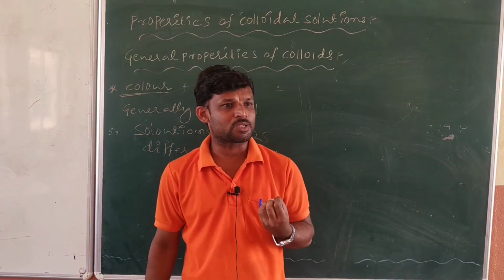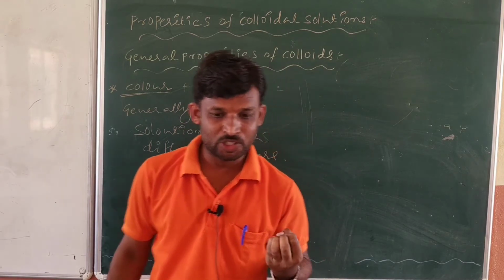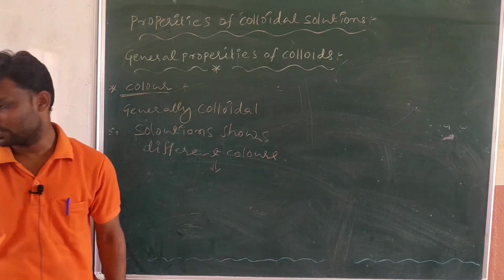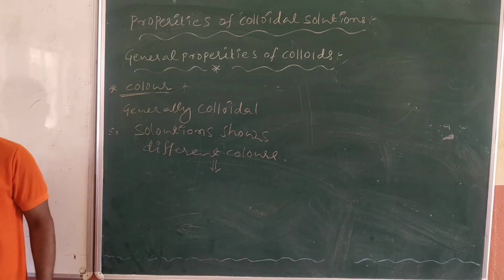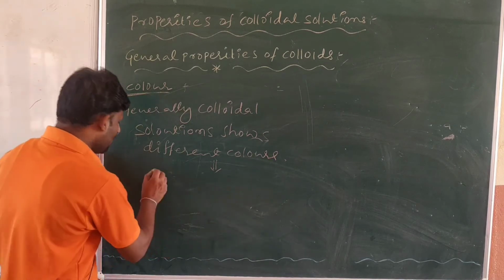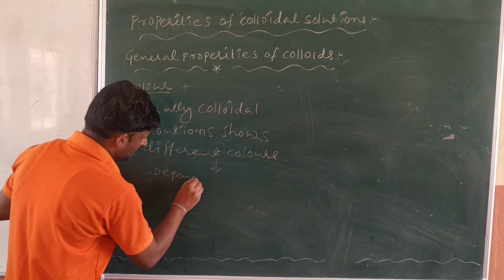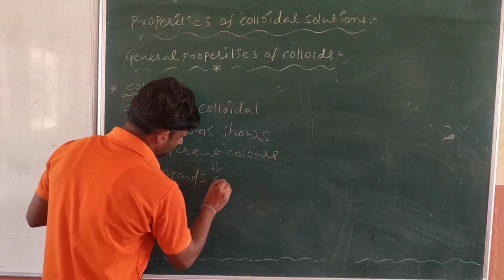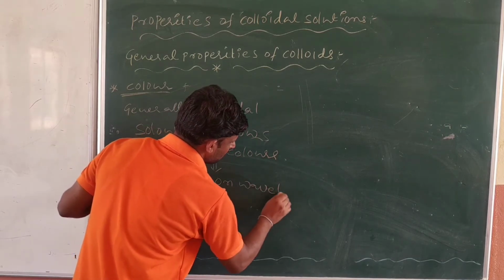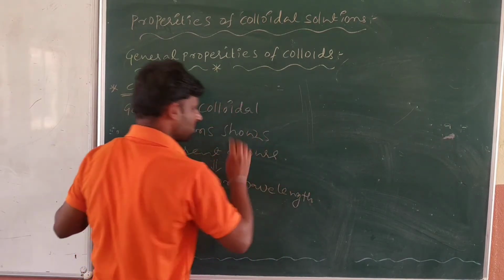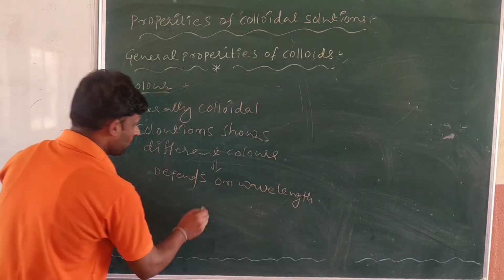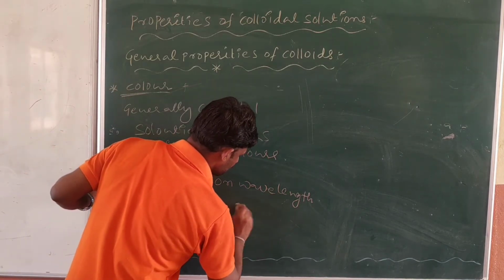The particles first absorb the light energy, then scatter or emit it with different colors. So they show colors depending on their wavelength, as well as on particle size.